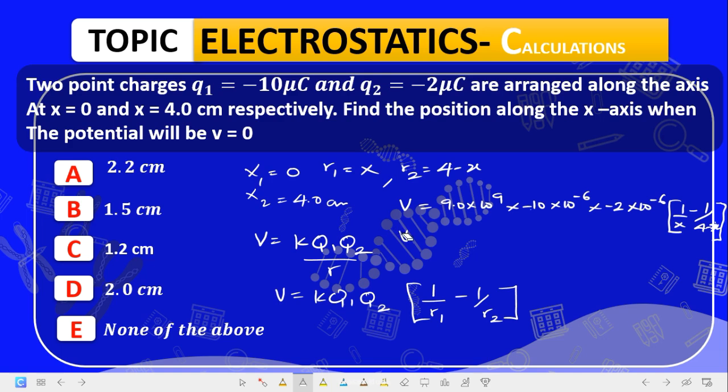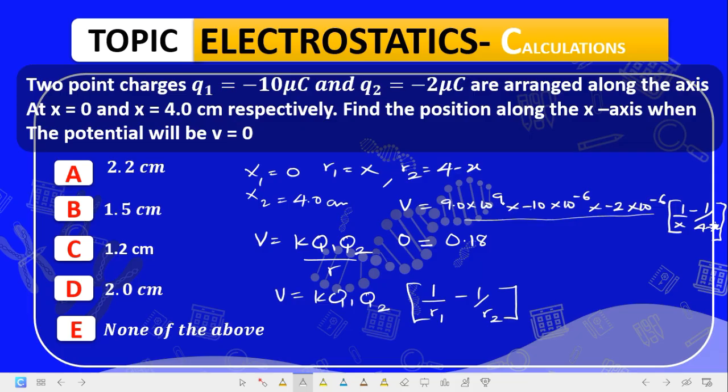Now, they told you at what point will the potential be 0? So it means that V is supposed to be 0. When you simplify everything you have here, so that we have enough space to write out the other parameters, it will give us 0.18.